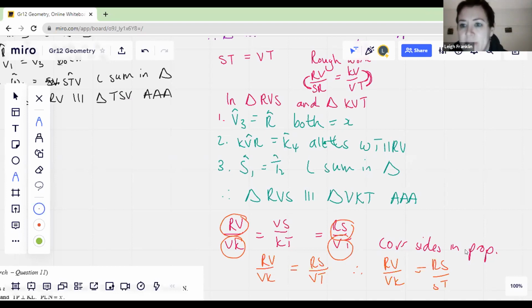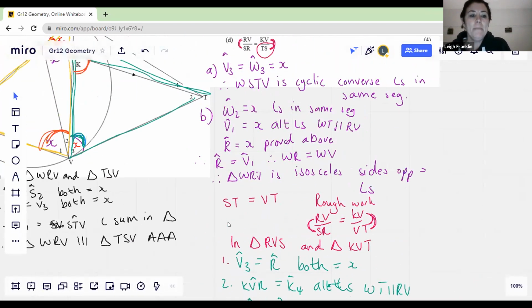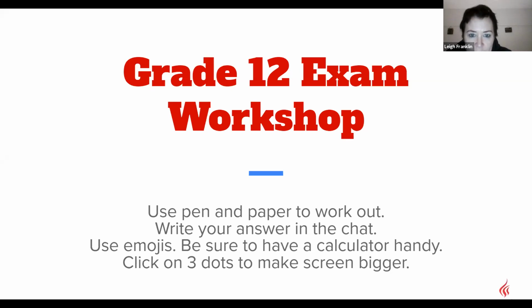Ma'am, when you said ST is equal to VT, how do you know that side is equal to that side? Because I went back and looked at what information I already had. If I look at the proportion that I was given, I don't know that RV is equal to any other side. I don't know that SR is equal to any other side. I haven't proved that.